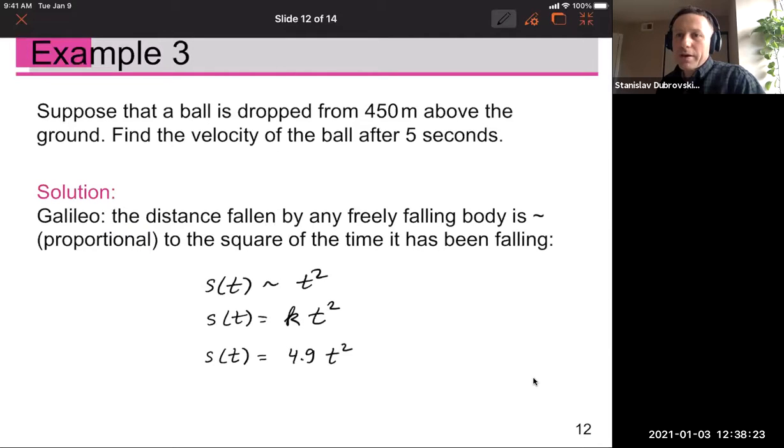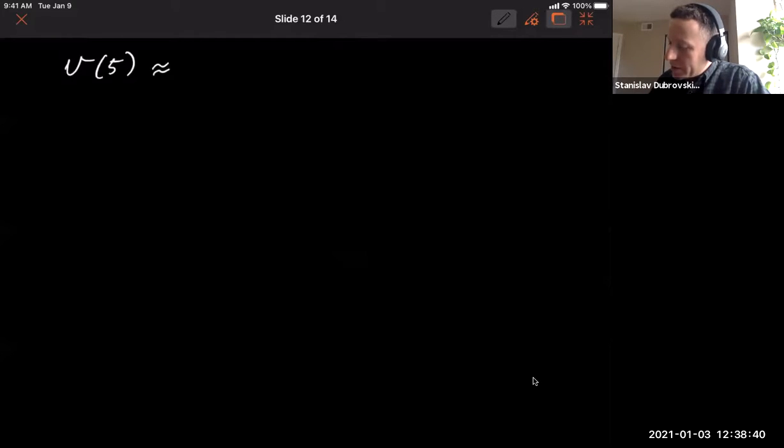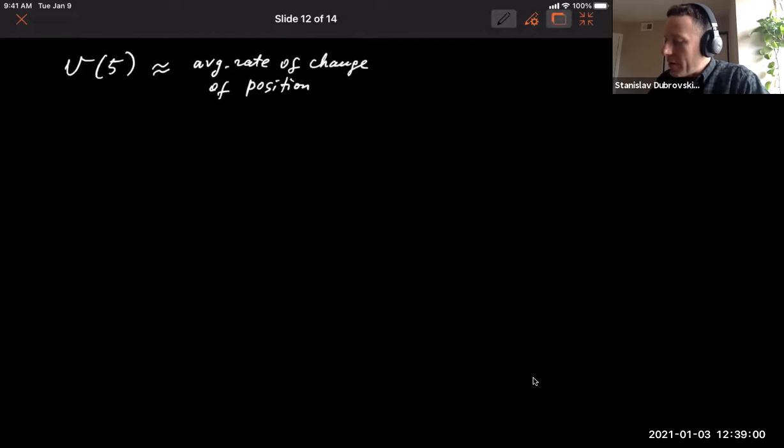So maybe, even though we have no idea how to find it precisely, we still understand that the velocity at exactly 5 seconds can be understood as the average rate of change of position, and that is del S over del T. And we want to catch this rate at around 5 seconds time.